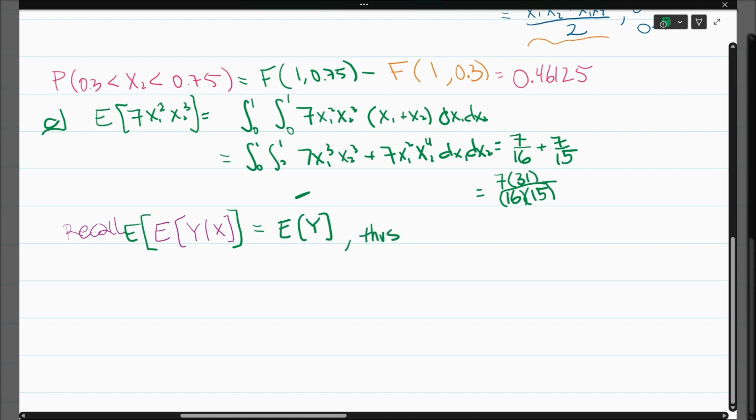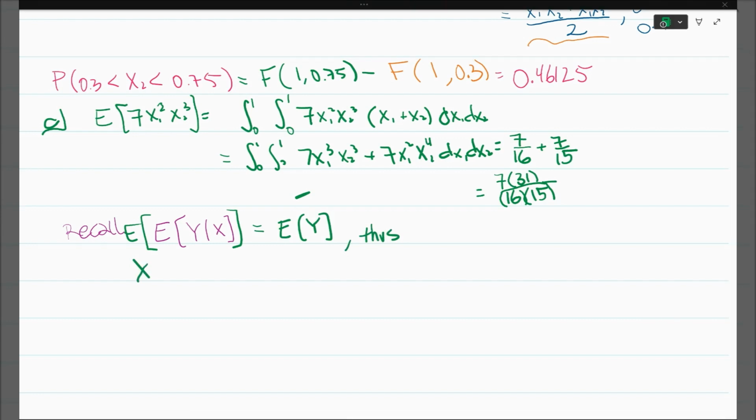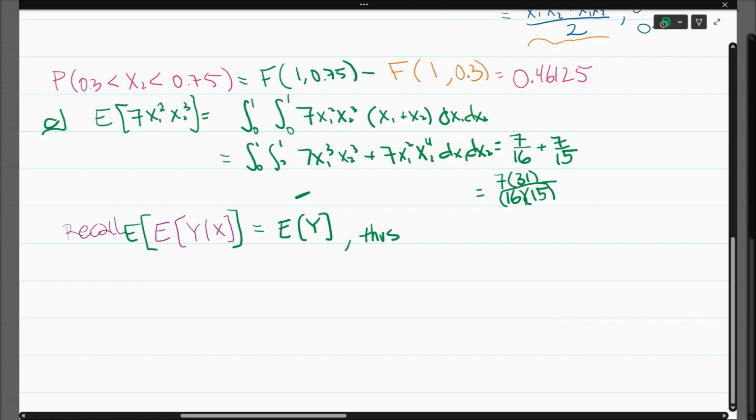Thus, we can say expected value, working in reverse with this formula, of 7x1 squared, x2 cubed is the expected value of the expected value of 7x1 squared, x2 cubed given, and we can choose x1 or x2.